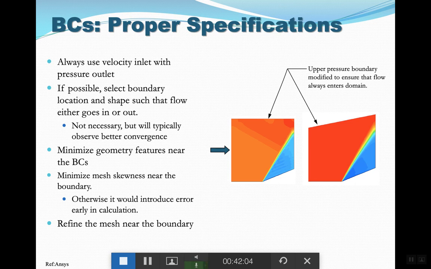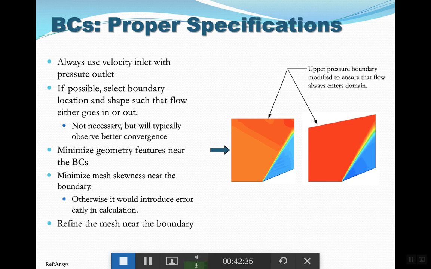The ideal case scenario is that the vector of velocity at the inlet is perpendicular to the velocity inlet boundary. That's the best case scenario. As you deviate from this case, the worst case scenario is that your velocity inlet vector is parallel to the geometry of the velocity inlet. That makes the solution near impossible to converge.